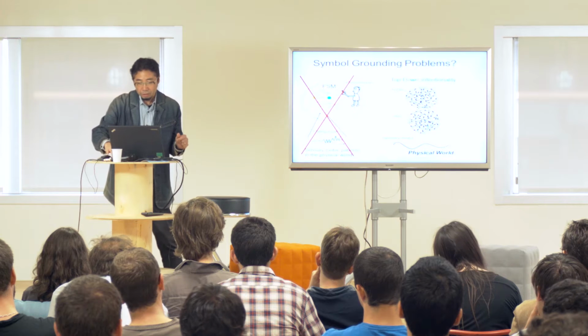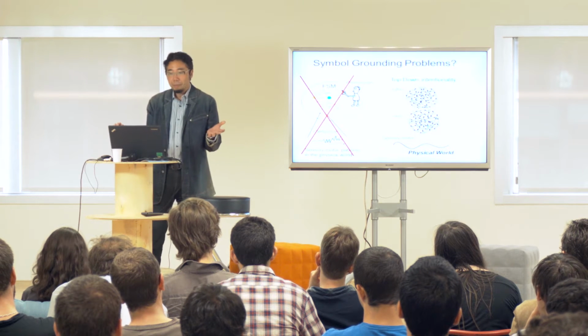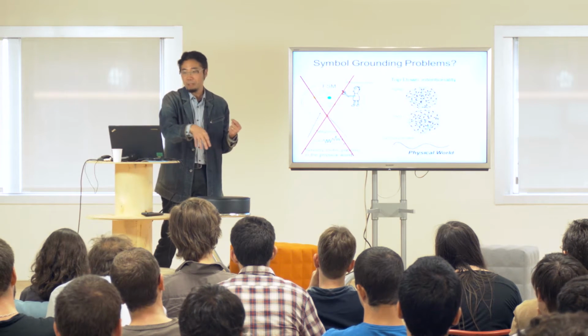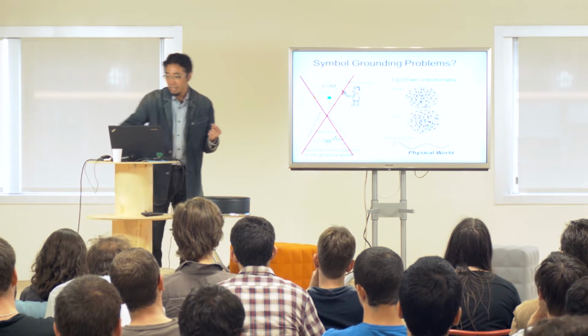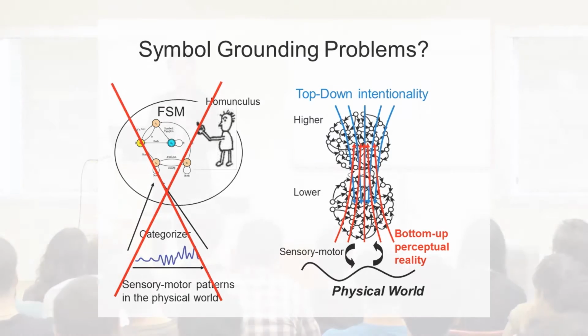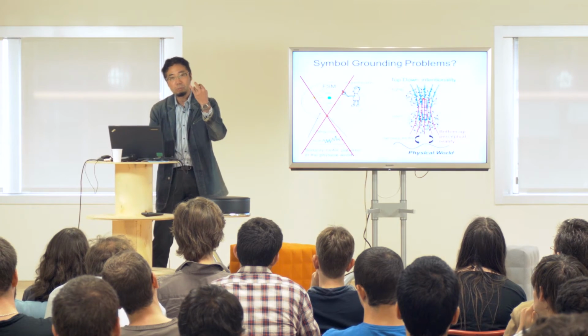So we may have a top-down process of predicting or expecting from the higher level, and then a bottom-up process of recognition of perceptual reality, of acting in the world, and those things exist. An important thing is that in a conflictive situation, these two may not agree.